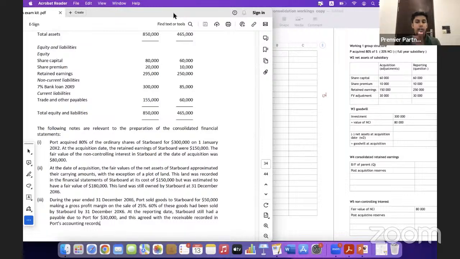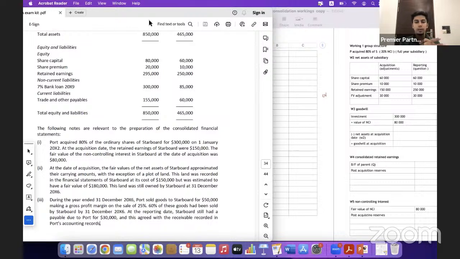So when one party sells goods to another by keeping a profit, and those goods are left inside the warehouse, that means the examiner is asking us to do an unrealized profit adjustment. Are you clear with that part? That's how you should know which adjustment. Selling stock with a profit, and if those stocks are left, not the entire thing but a part of it, that calls for an unrealized profit adjustment.